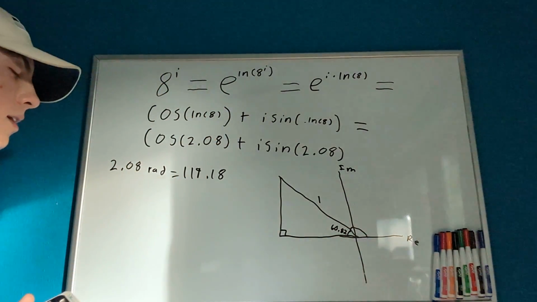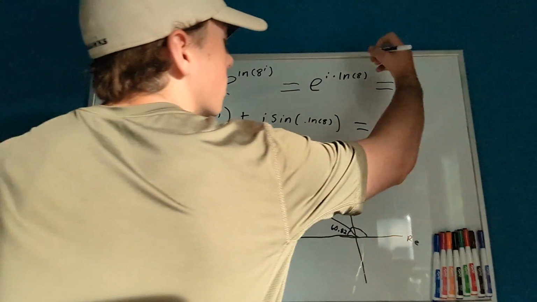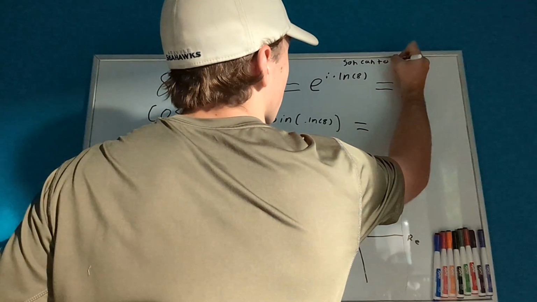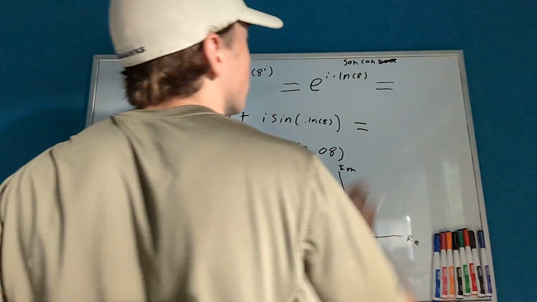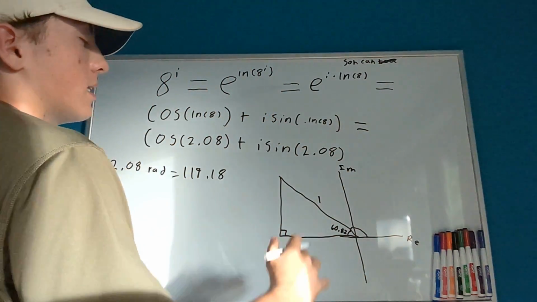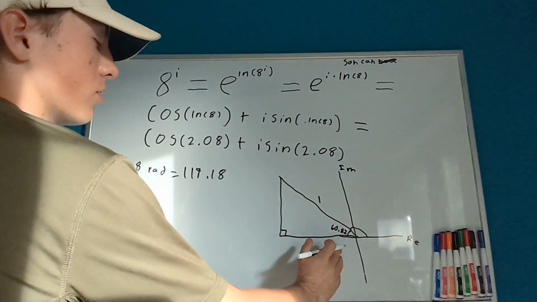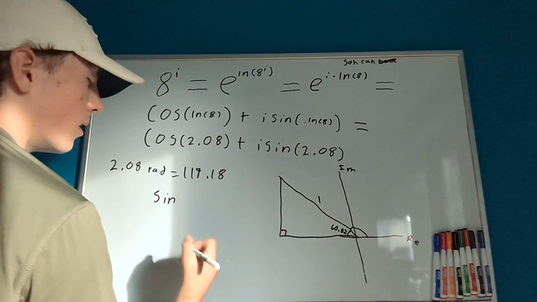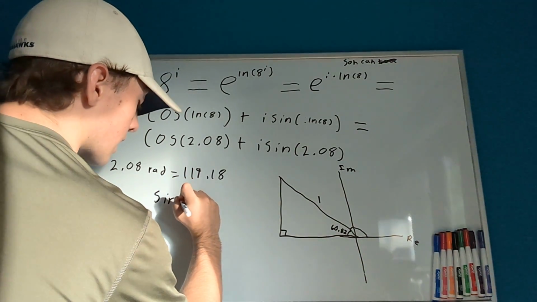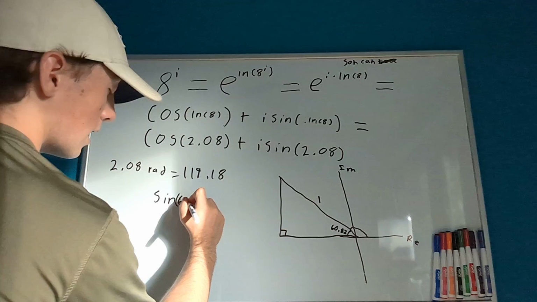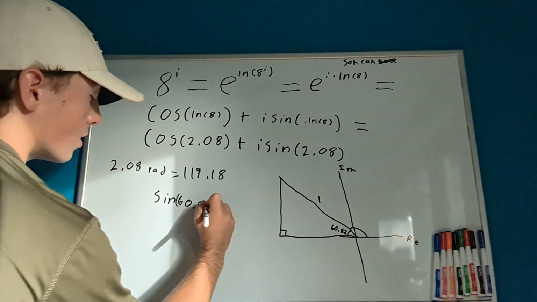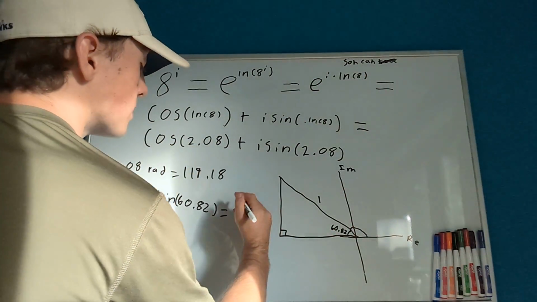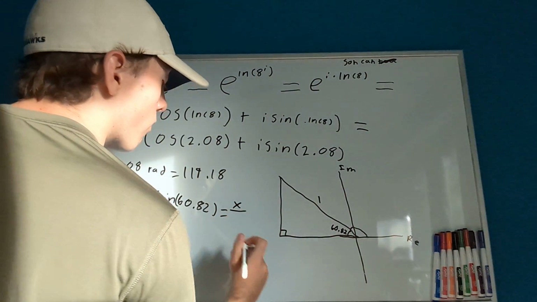So we can just say, let's remember, SOHCAHTOA, right? We're not going to be working with tan in this case. Sine equals opposite over hypotenuse, right? So we already know the angle, so we can say sine of 60.82 equals, well, opposite is what we're trying to figure out, x over hypotenuse.